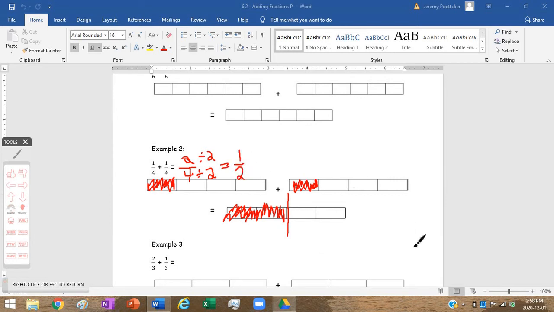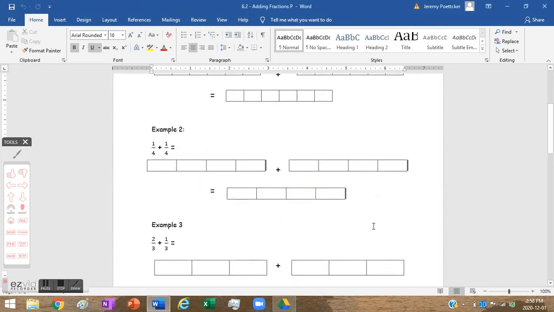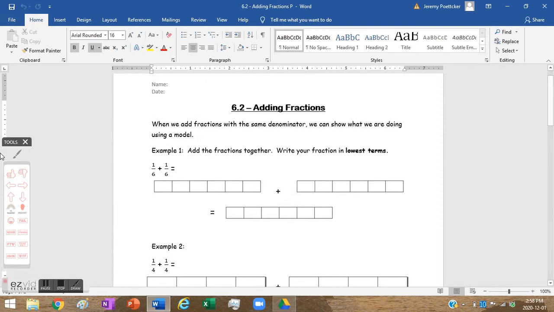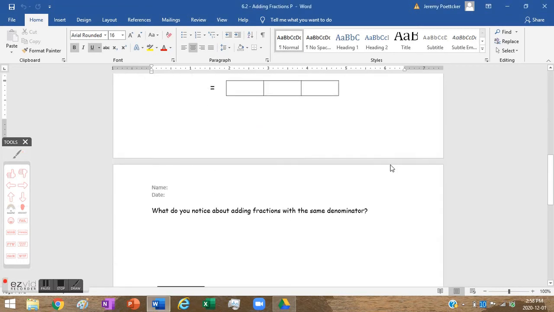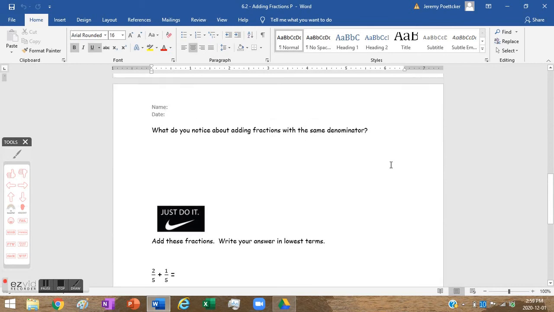All right. Then we've got another example here. So we're going to move on to example 3. And you'll notice today, everything we're going to deal with adding fractions wise, we're starting with the same denominator, or we need it to be having the same denominator. So that's where we are looking at.